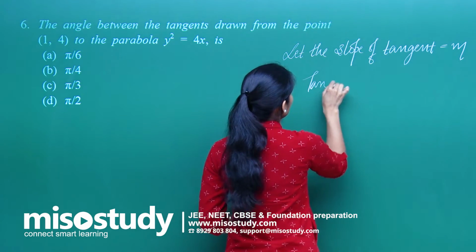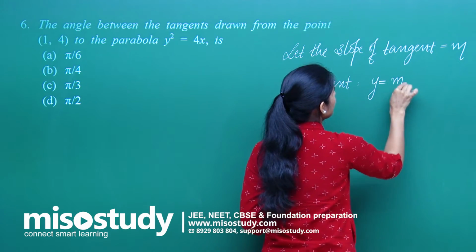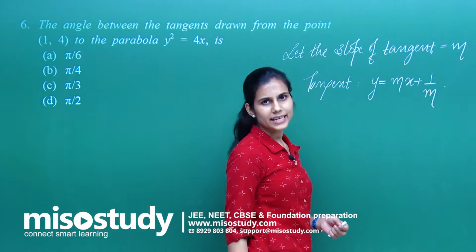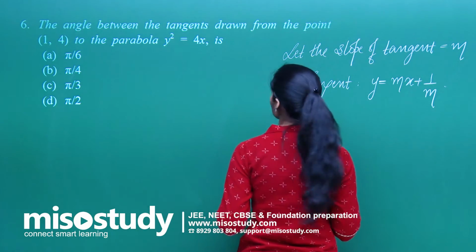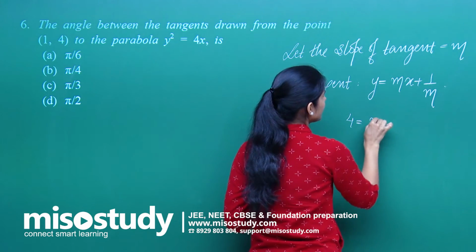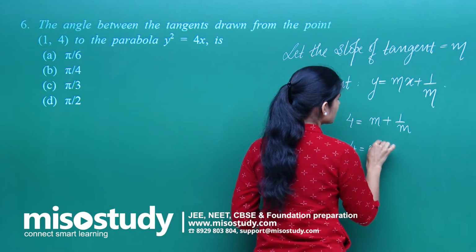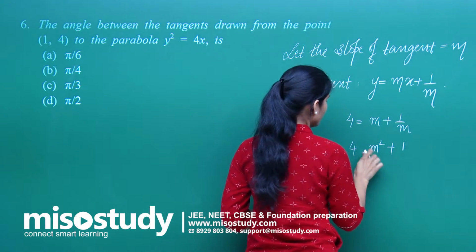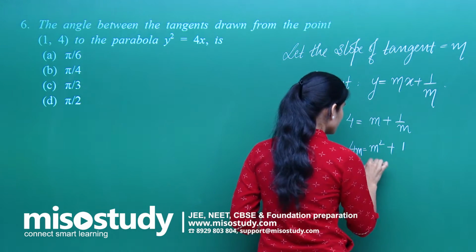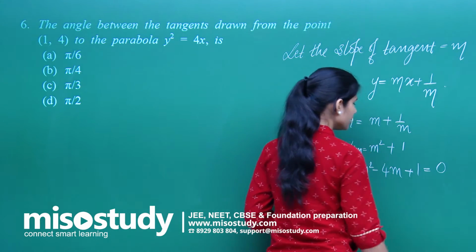And the tangent's equation is what? y equals mx plus a by m, but a is 1, so this is 1 by m. Now this is passing through 1 comma 4, so 4 equals m plus 1 by m, which means 4m equals m square plus 1. So this is m square minus 4m plus 1 equals 0.